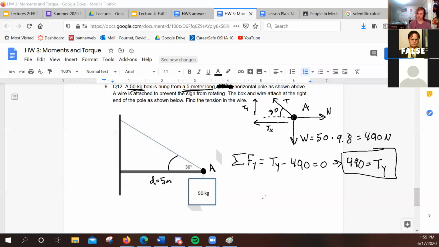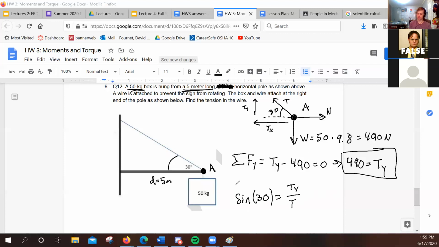Which trig function should we use? Yeah, absolutely. So we want sine, opposite over hypotenuse. Yep. So sine 30, which is our angle, is going to equal our opposite, which is Ty, over our hypotenuse, which is T, right?